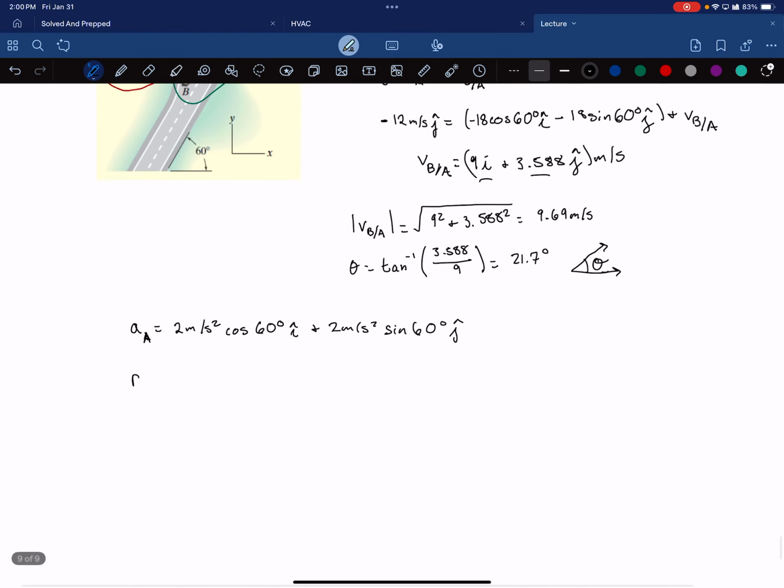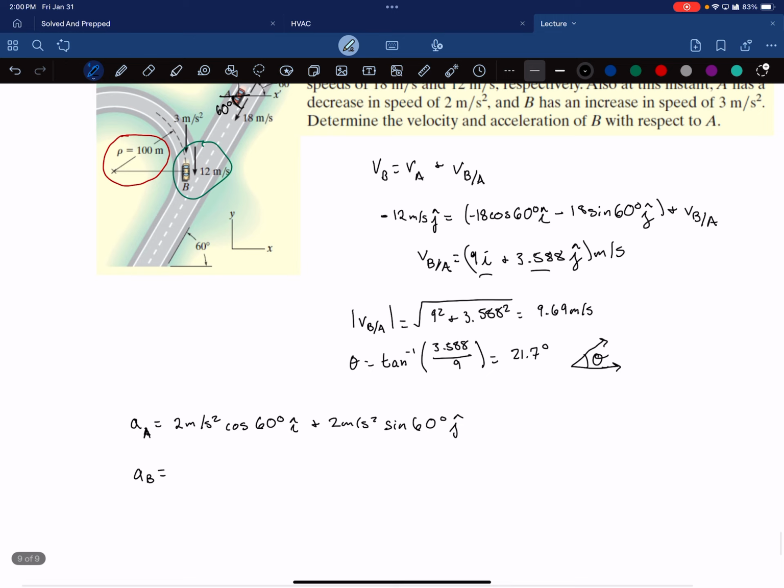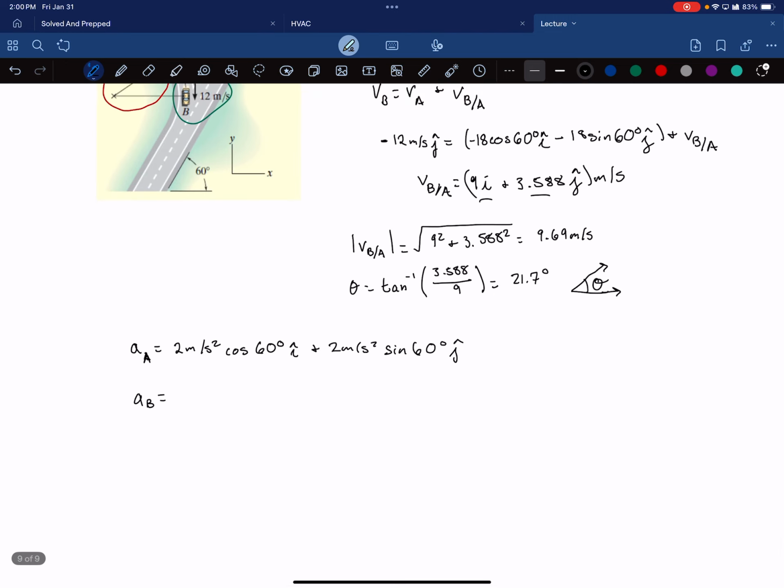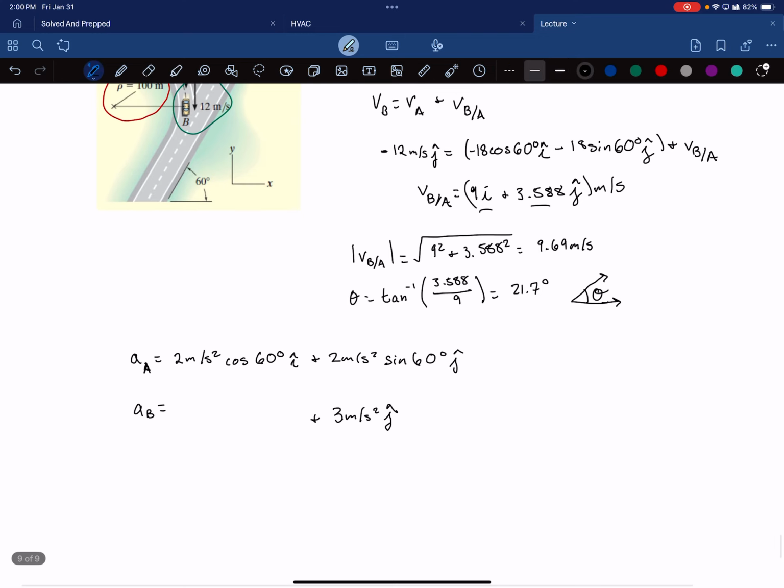And then for B, we have the tangential component, which is 3 meters per second squared in the j direction. And then in the I direction, we're going to use the same formula.